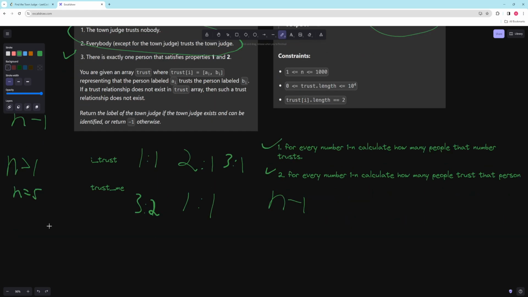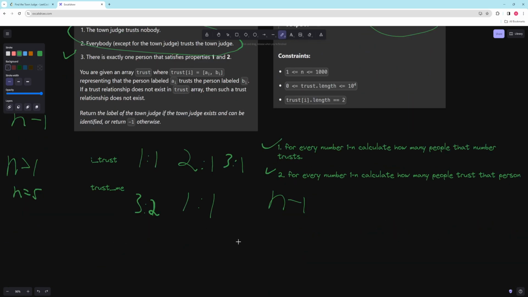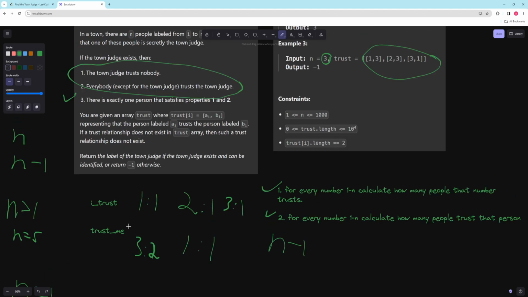Now there's one little caveat here. So let's say n equals 1. I think they might have, no, they don't, but there is an edge case here. If n equals 1, and a person can't trust themselves, that person's automatically the judge, because you need 0 people to trust them, and they can trust 0 people.